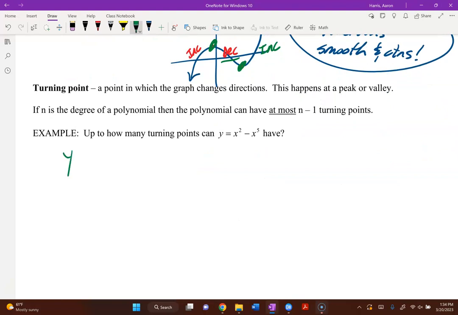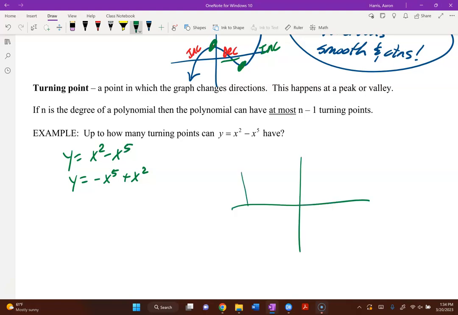So for this one, now it's kind of trying to trick you here, but what degree is this? It's a 5th degree, right? So it's a 5th degree, so it'll have at most how many turning points? 4, at most 4. Again, I don't know exactly what it looks like. But this just shows you 1, 2, 3, 4 turning points.